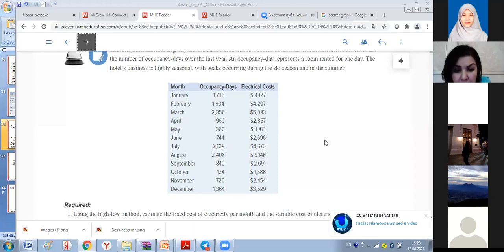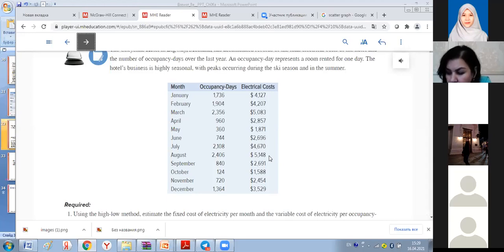So first of all, calculate the change in days, and look at the corresponding costs. What is the high level cost? 5,148. And what is the low level cost? 1,588.